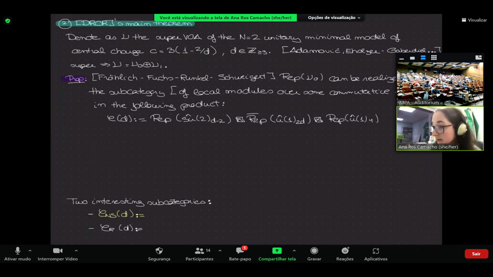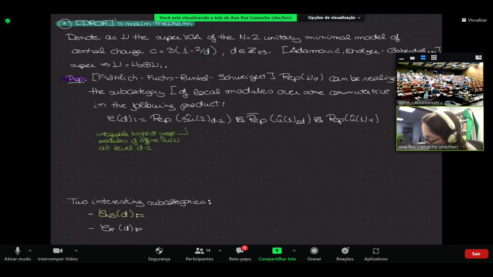So this first guy in here, these are the integrable highest weight modules of the affine SU2 at the level D minus 2.